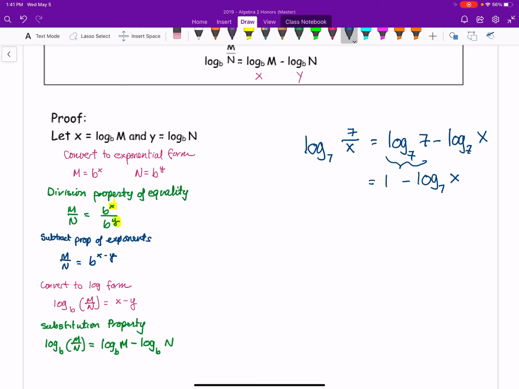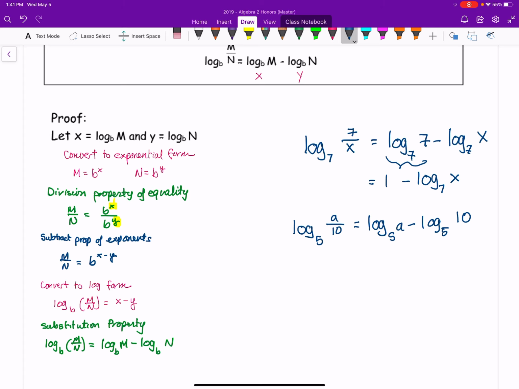Why don't you try one now? Let's say I did log base 5 of a over, let's say 10. So try expanding. Pause the video and expand and see if you get it right. You should be getting log base 5 of a minus log base 5 of 10.